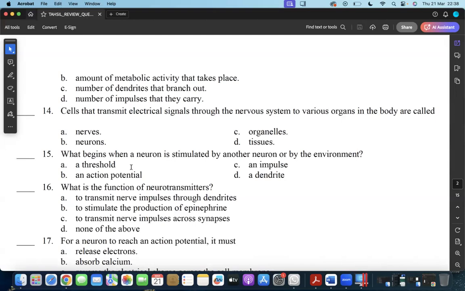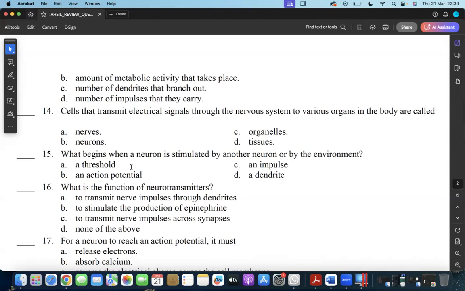When you say nerves, nerves does not actually tell more about the cells. So either you say nerve cells or you say neurons, but you cannot say nerves. So neurons are called the nerve cells.